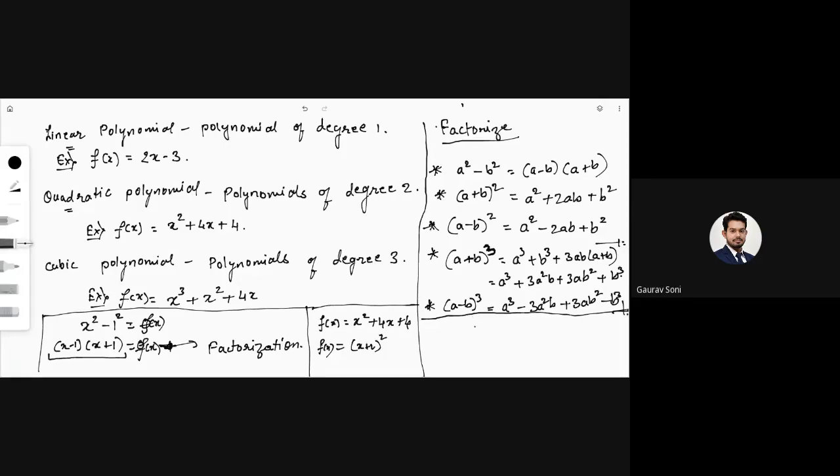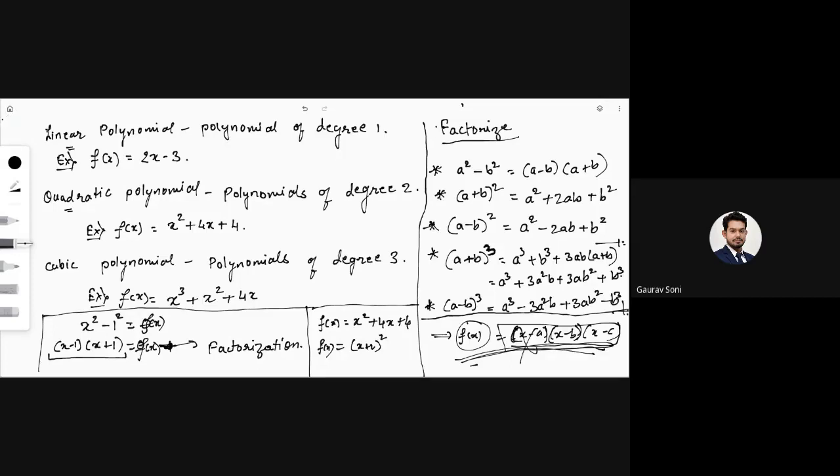I'll tell you a technique by which any polynomial f of x of degree 2 or 3, you can simply write it down as x minus a, x minus b, x minus c form. So you'll be able to write it down easily without doing any calculations. Your scientific calculator is that much powerful. So in that lecture itself, I will tell you how to factorize a given polynomial f of x using your calci.